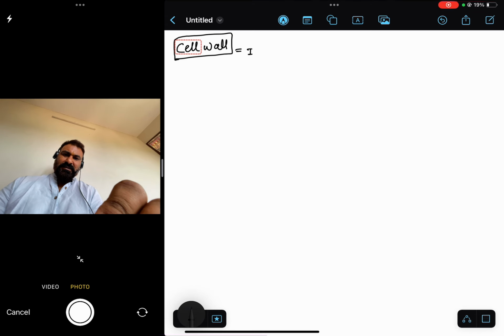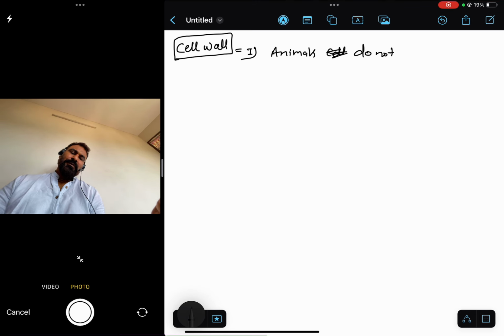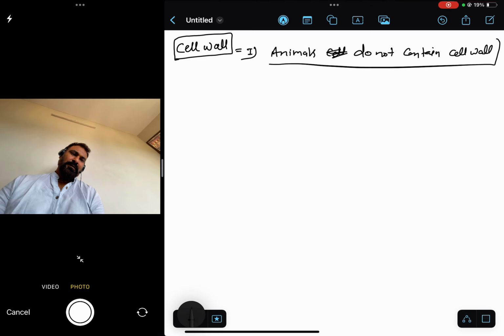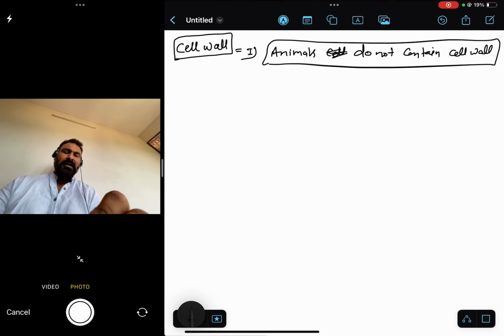First point, animal cells. Animals do not contain a cell wall. Okay, this is the tagline for animals.